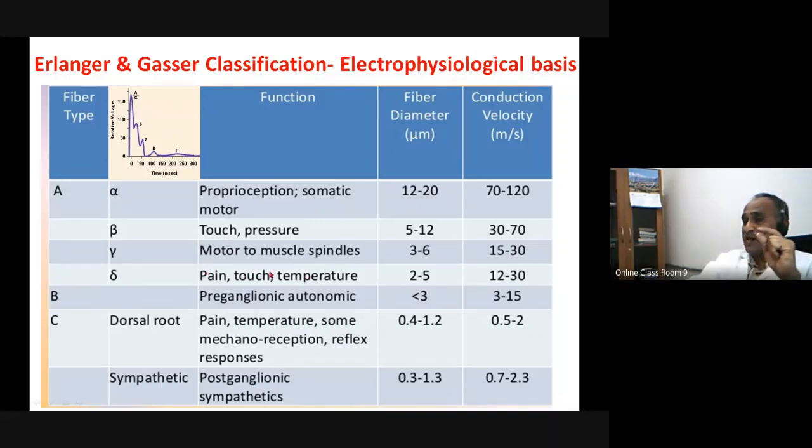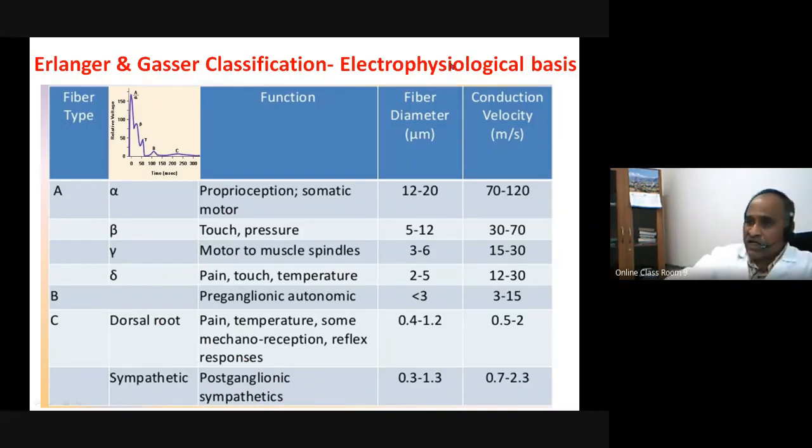Those are carried by the anterolateral column, or they are called anterolateral column sensations. Then C fibers are pain, temperature, some mechanoreception, and other reflexes, the irritants. So these are dorsal root. The postganglionic sympathetics are also C fibers.